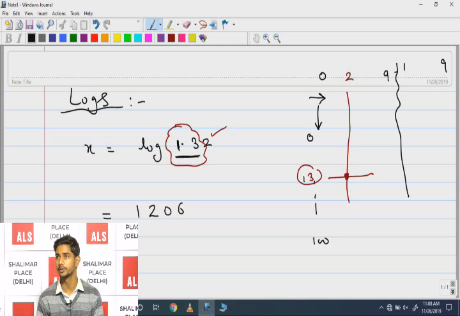Raise your hand those who have got these digits, 13 at 2. Have you also got these 4 digits? The student at the last.